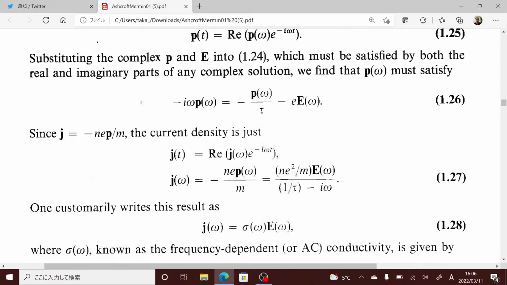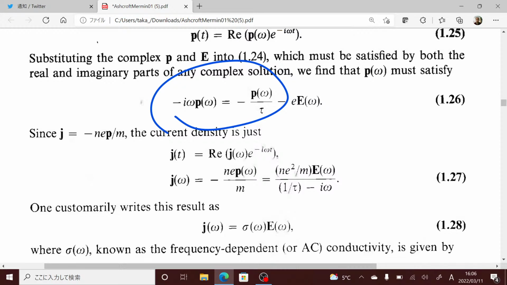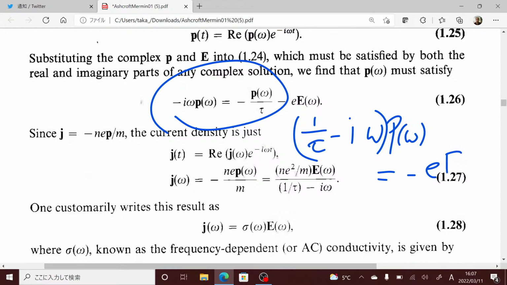Solving, 1 over tau minus i omega times p of omega equals minus e E of omega.